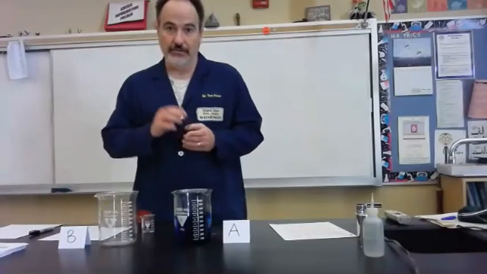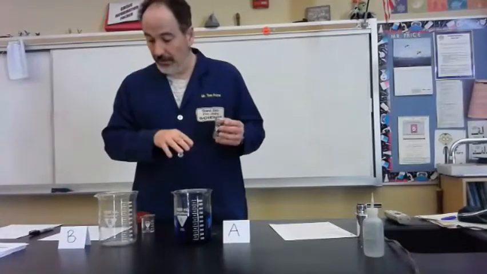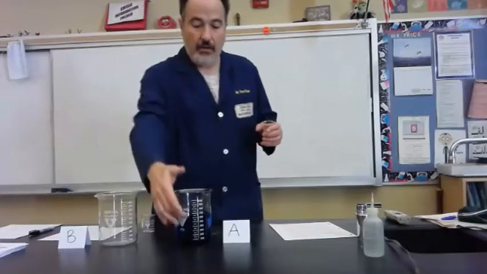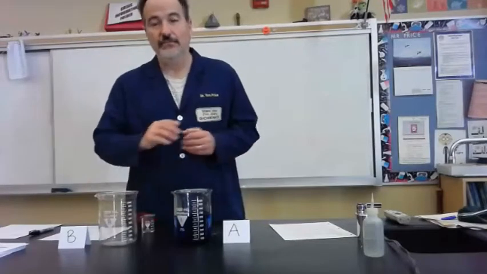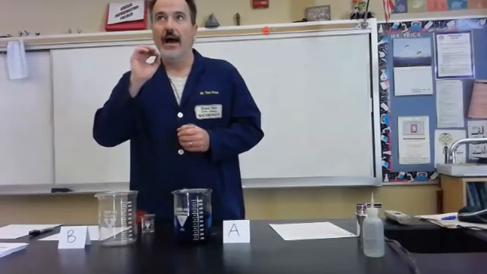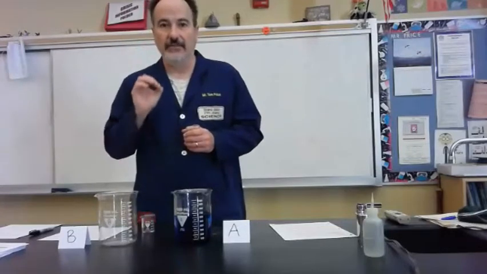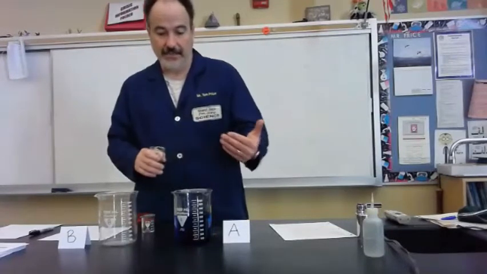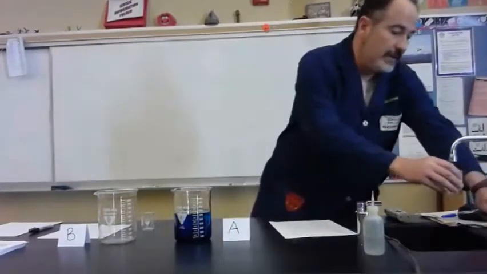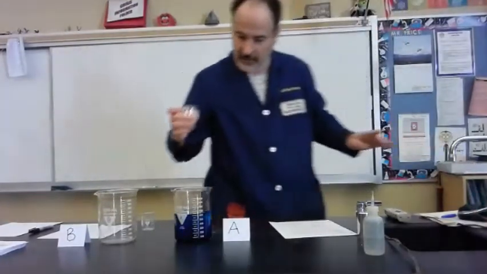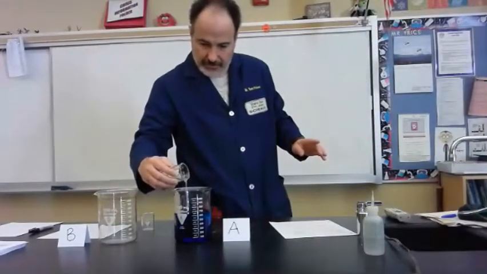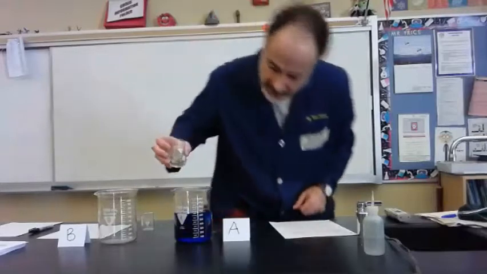You are going to record after each cycle how much volume is in each beaker to the nearest 25 milliliters, so kind of guesstimate. If it's in between, I could use a little bit more water. I want to make sure we get that up to 650.